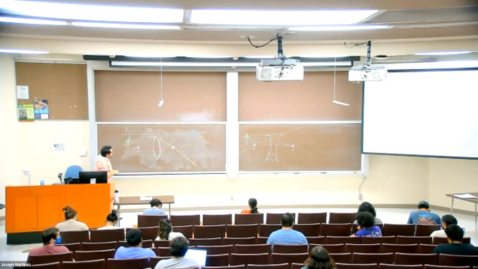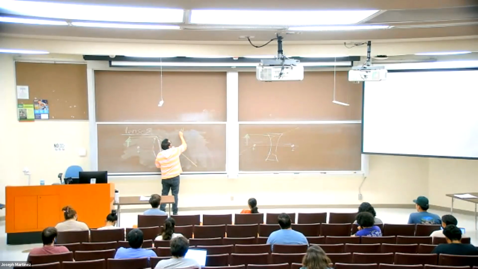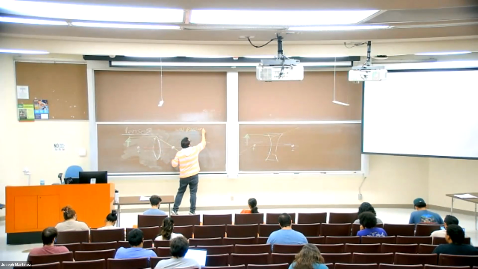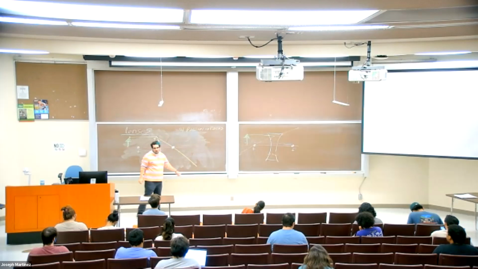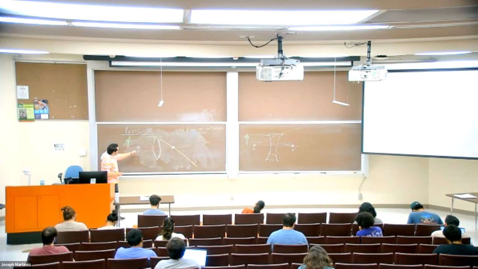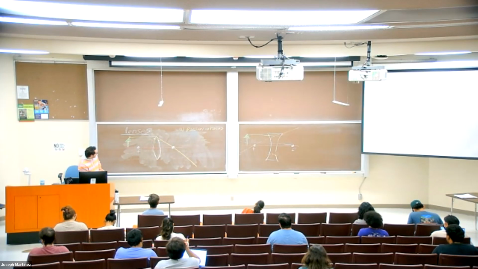Okay, so this is our first line. Line 1, we go parallel through the focus. The second line, what we're going to do is go through the second focus that we made. The second line, I'll use a different color perhaps. Orange is good.